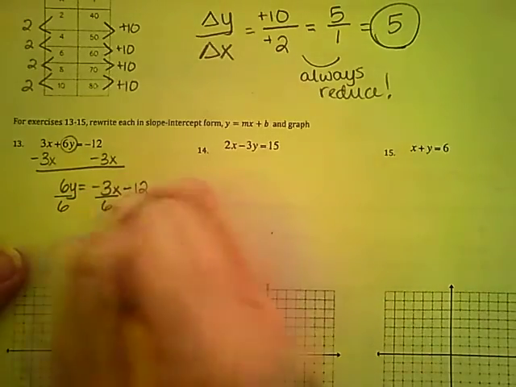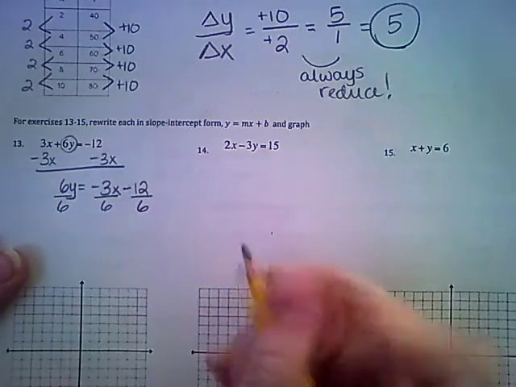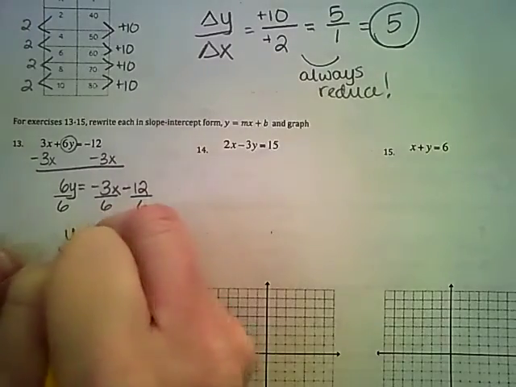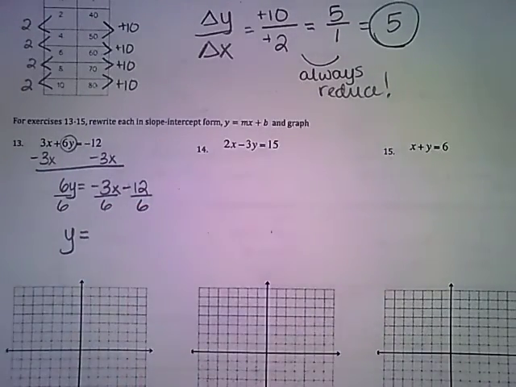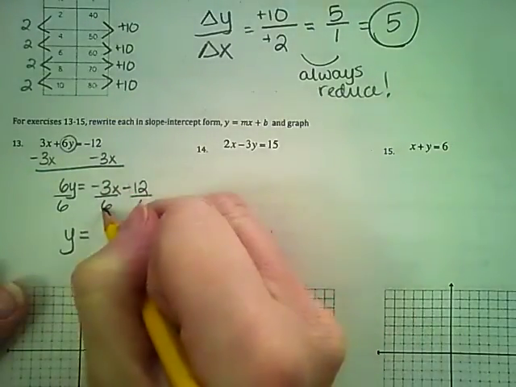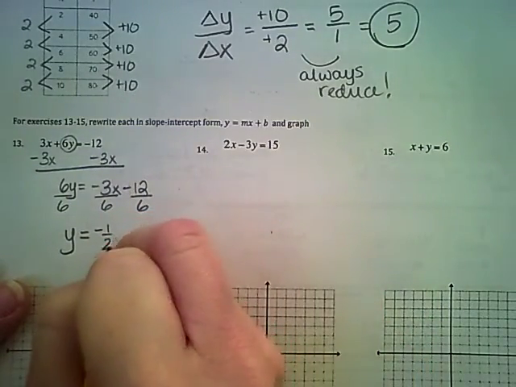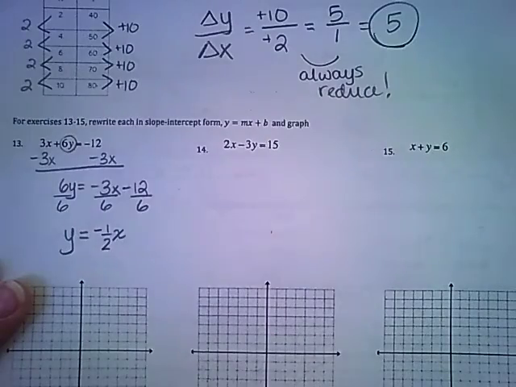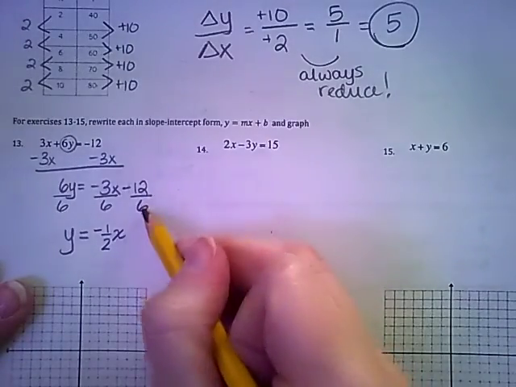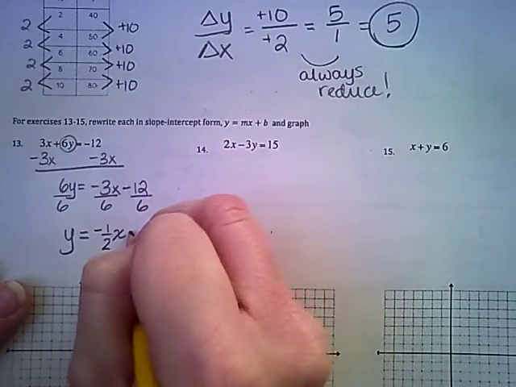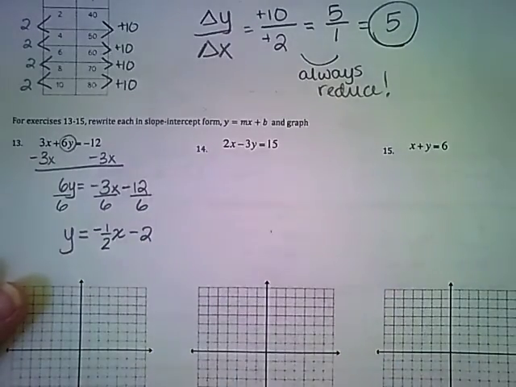Divide everything by 6. So I've isolated y. I get y equals, always reduce, negative 3 over 6 reduces to negative 1/2 x. And negative 12 divided by 6 is minus 2.